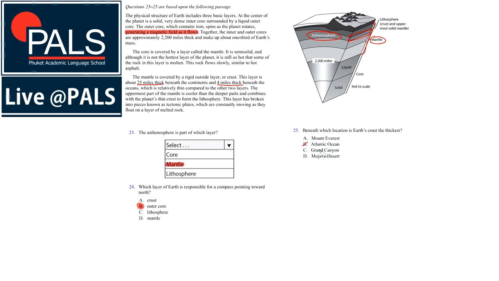So then it's either the Grand Canyon, the Mojave Desert, or Mount Everest. Since Mount Everest is the tallest mountain, and we can see that the mountain range is where the crust is thickest, we can assume that it must be thickest at Mount Everest. Grand Canyon, relatively deep, so it's going to be thinner there, and Mojave Desert as well.